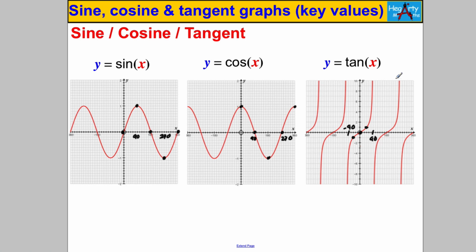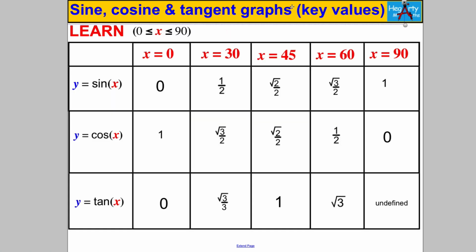Unfortunately, there are some values of sine, cosine and tan you must remember and commit to memory, and they are the key values when x is between 0 and 90. I am afraid you must learn this table.